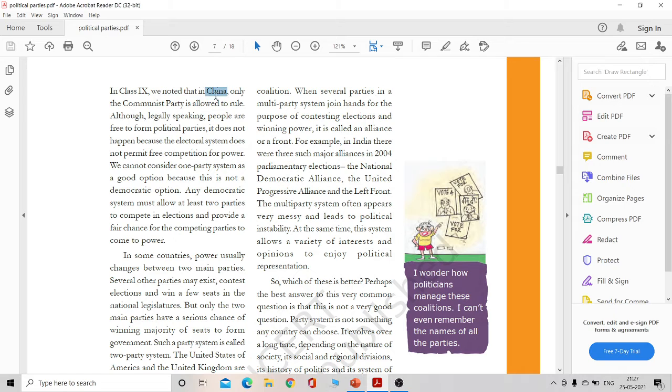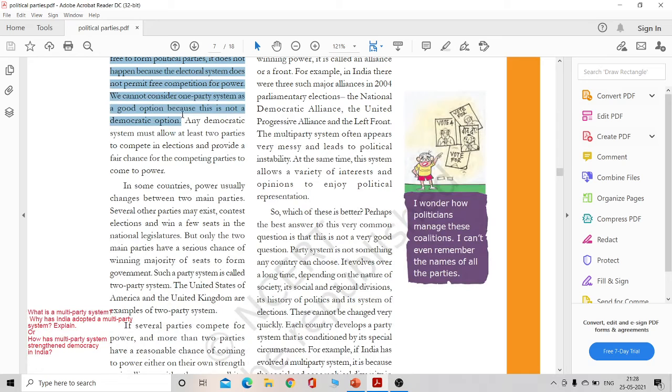So for example, China is an example of a one party government. Why? Because it's a communist nation, right? Because they have a tradition of having a communist government, that is why they make do with one political party.